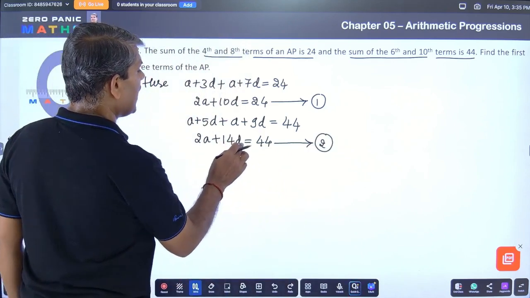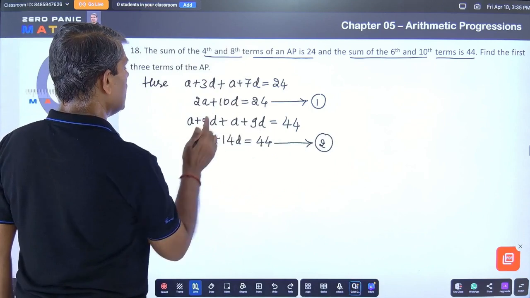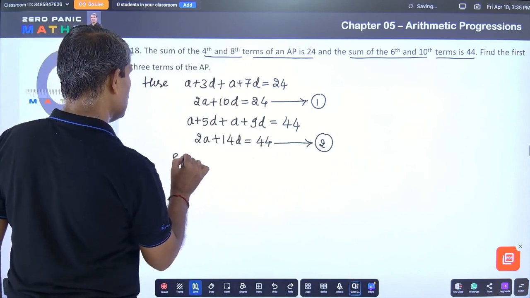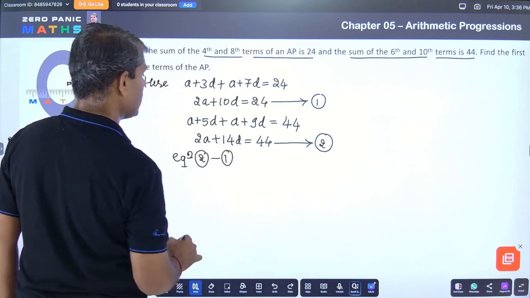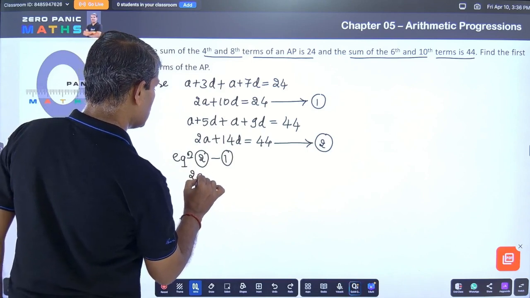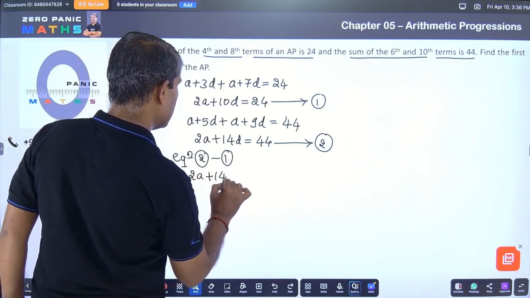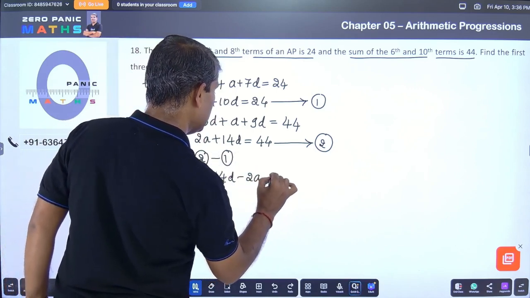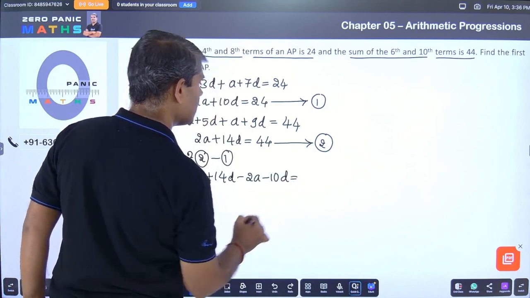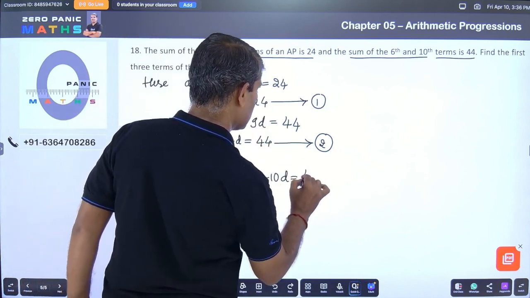Now subtract equation 1 from 2. Equation 2 minus equation 1, which is 2A plus 14D minus 2A minus 10D, correct, is equal to 44 minus 24.